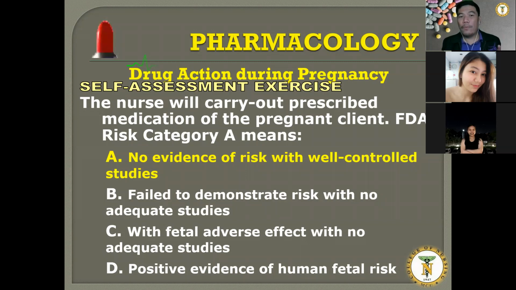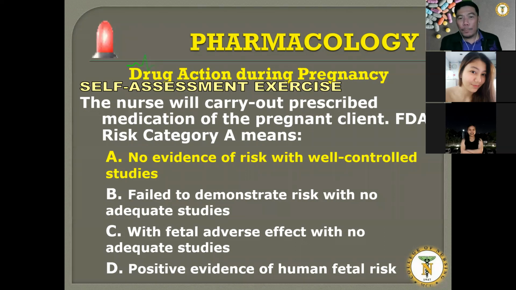However, yung letter B, yung failed to demonstrate risk, ibig sabihin, it is still safe, but the opposite of letter A is it has no adequate studies. Letter B is referring to FDA risk category B.